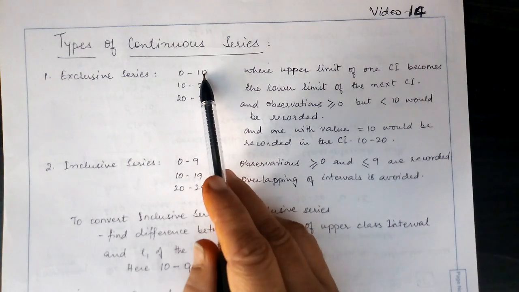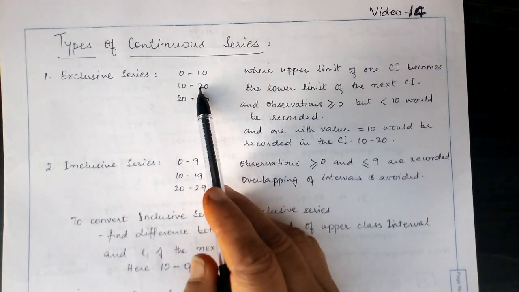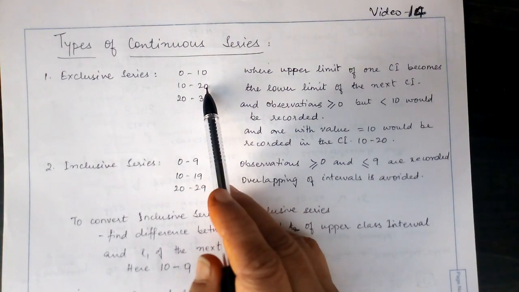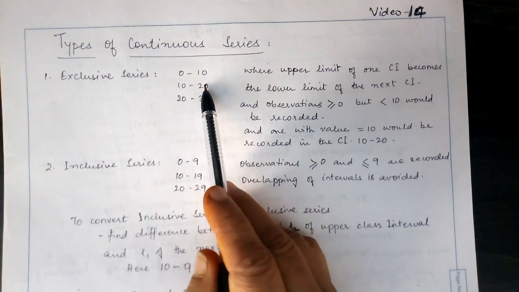The value pertaining to the upper class limit is excluded. Hence, that value will be recorded in the next class interval, that is 10 to 20. So in this class, 20 will be excluded. All observations less than 20 and greater than or equal to 10 will be included.